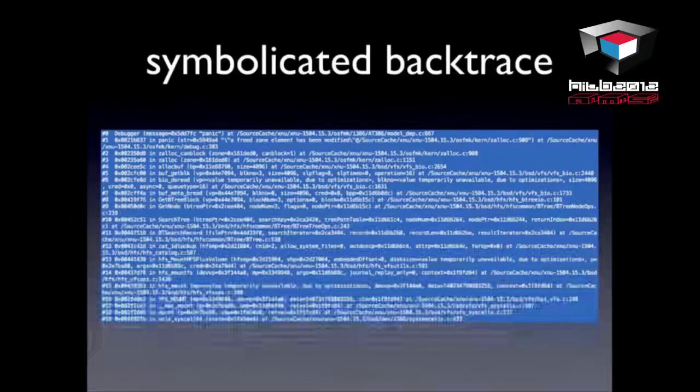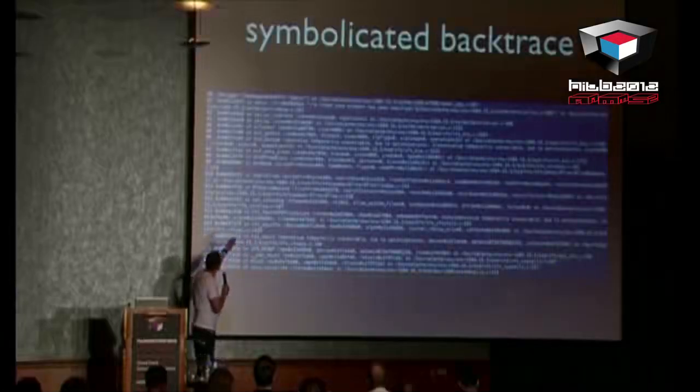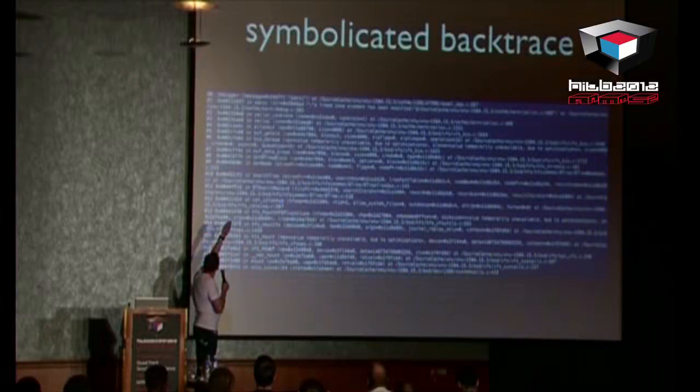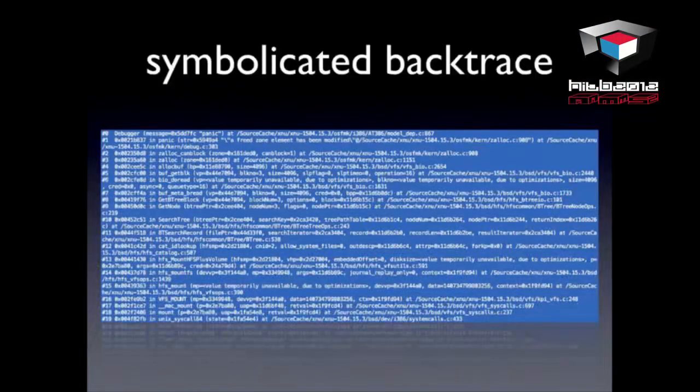Oh, sorry. So here is the symbolicated backtrace. Now we have the symbols. We see that it happens in HFS, in the mount HFS plus volume, and then it tries to search the tree, and it bufferizes the block, and it crashes in zalloc.